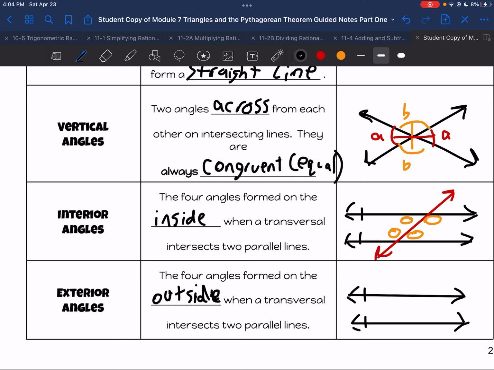And we're going to use the tick mark again to show that they're parallel. We have our transversal. So these are going to be the angles on the outside of our parallel lines. Exterior angles are on the outside.